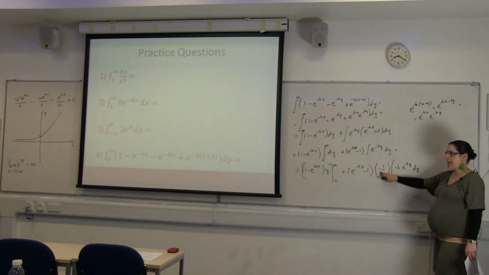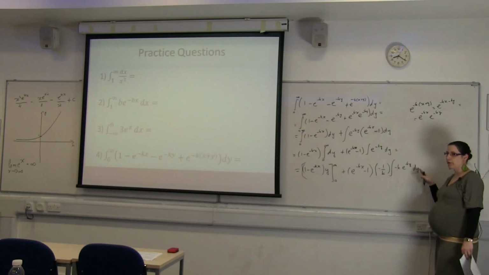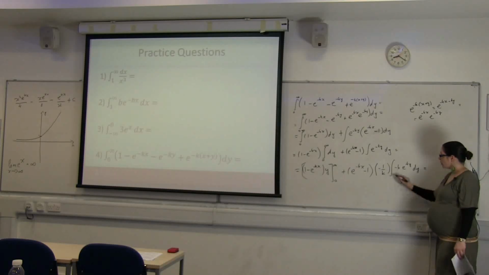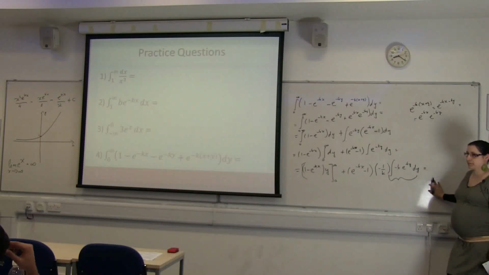Because I can bring constants in and out, and basically minus 1 over k times minus k is positive 1. So strictly speaking I've done nothing to my integral, just rewritten it in a slightly different form, which makes it easier to integrate. So what will be the integral of this one? What's the antiderivative of this one?